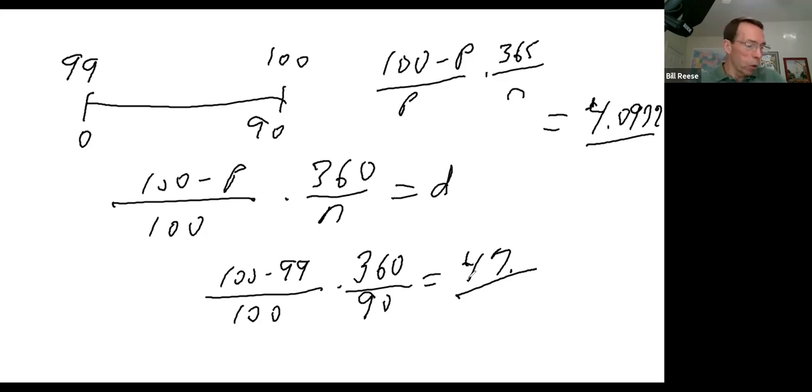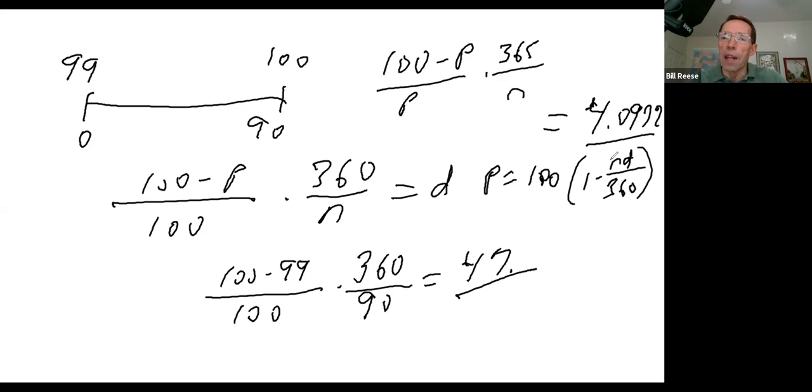Well, there's a little bit of algebra to get to this, but we simply say the price is going to be equal to 100 multiplied by 1 minus n over d divided by 360. So if I want to know what the price is, I need to know what n is, the number of days until maturity.